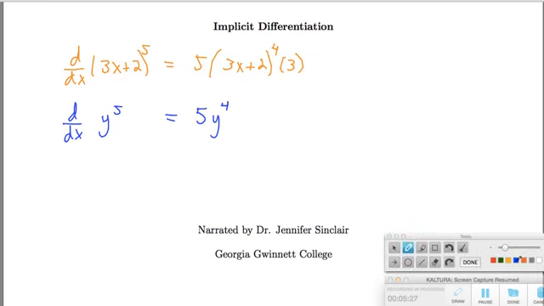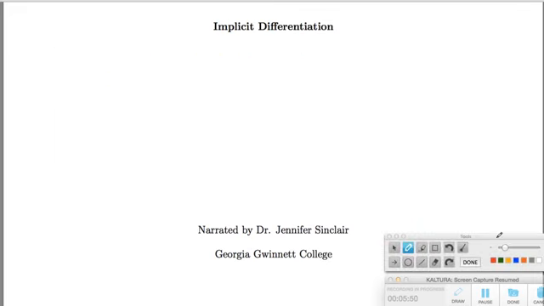But since it's y, you could potentially have a derivative of the inside part. So you need to write this as 5y to the 4th times y prime. And this is the basic idea of implicit differentiation. So if you're ready, we can go ahead and take a look at an example.